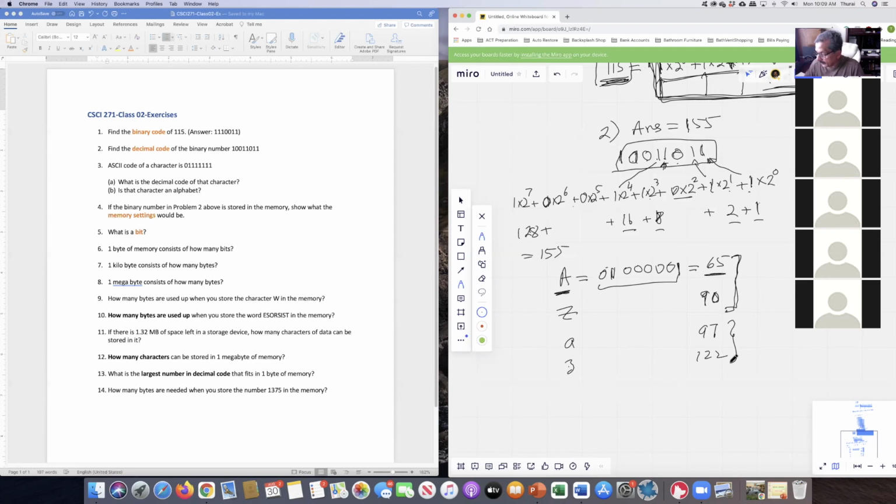When you're writing a computer program, if you need to recognize whether the character you have is a lowercase alphabet or not, this is what you do. You compare the decimal equivalent against 97 and 122 to see if it is in that range. If it is in this range, then it is a lowercase alphabet.